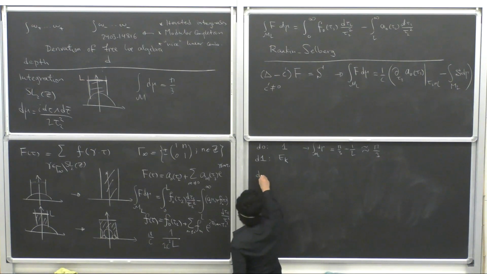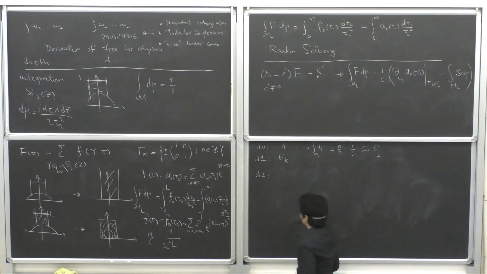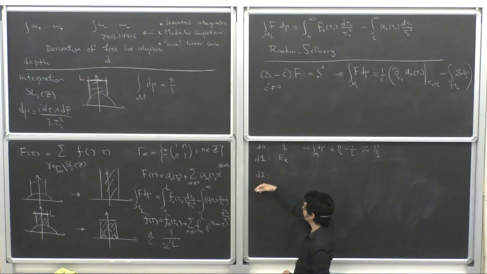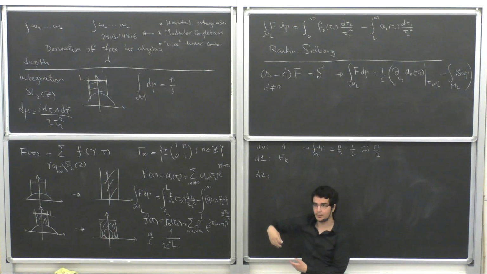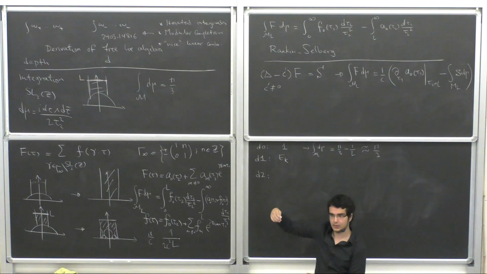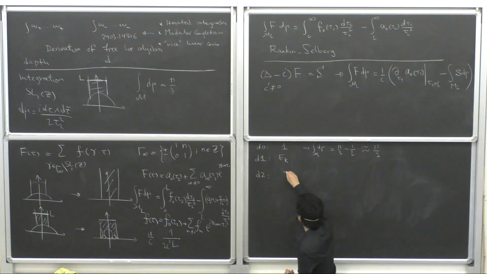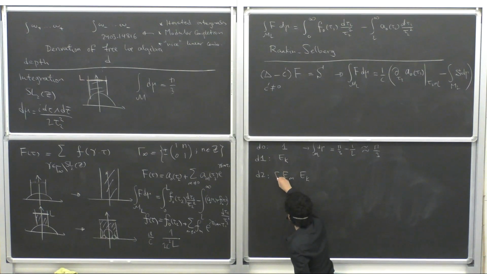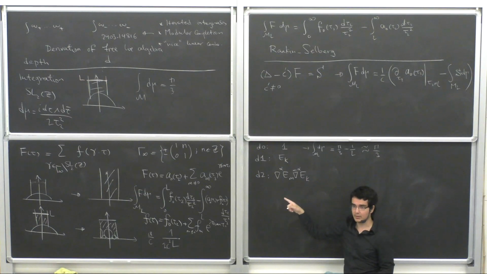So when you go to depth 2, you actually have two choices. One of them is writing something at higher depth in terms of the product of things at lower depths. So here, for example, you can write EM times EK. This is depth 1, and the whole thing is depth 2. You can do more actually. You can also write the derivatives of these things.